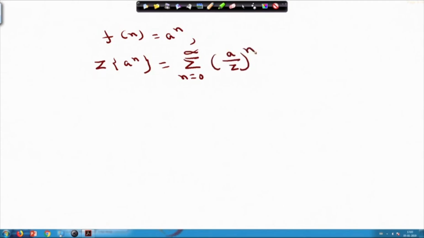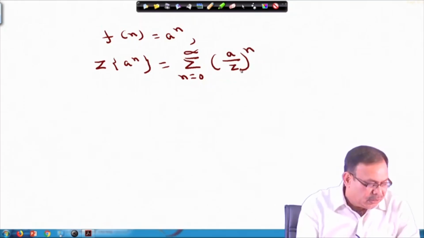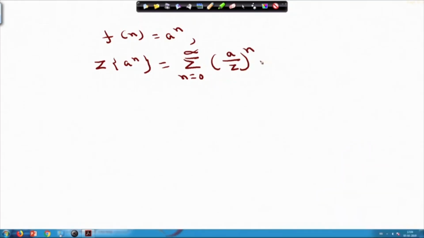So I can write summation n equals 0 to infinity of a by z to the power n, and if I evaluate it, this is nothing but 1 by 1 minus a by z, and this equals z by z minus a. Of course, modulus of z should be greater than a.